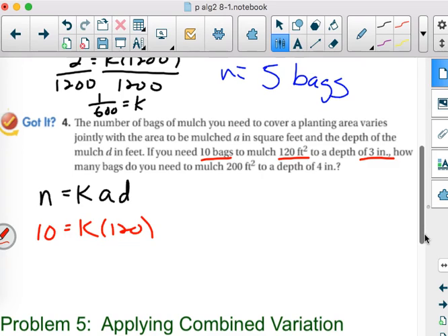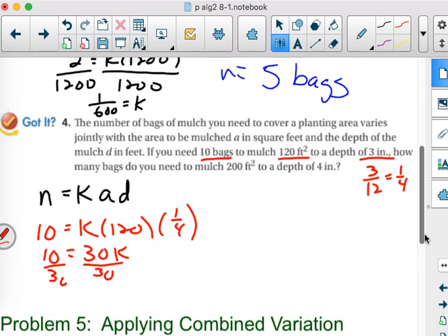Can't stand it when they do that. So we have to make this 3/12, which is 1/4. They're messing with us. So this will give us 10 equals 30K, because a fourth of 120 is 30. Well, if we divide by 30, that's going to reduce really nice.